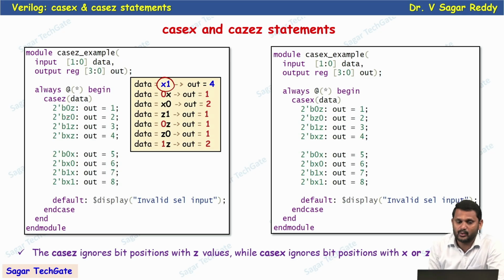Yes, z is a don't care, so in case of casez you can write z0, which we can assume as 10, 00, x0 or z0. All are the same, because in casez, z is considered a don't care. Instead of z you can replace with 1, 0, x or z. But sure, what is the data here? Data is x1. Clear? Now we see in this casez, anyway it can match x, but here the second bit is 0, whereas the second bit of the data is 1.